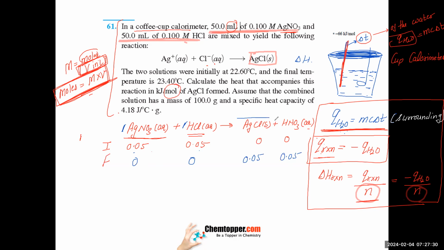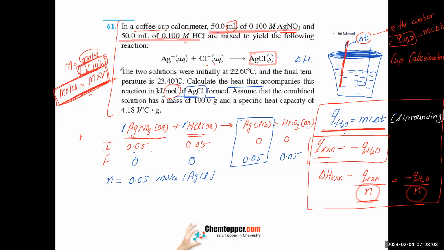But you are interested in AgCl, because in the question they are asking for delta H in kilojoules per mole for AgCl. So I know n is 0.05 moles. From the molarity and volumes, I calculated the moles of silver chloride formed.